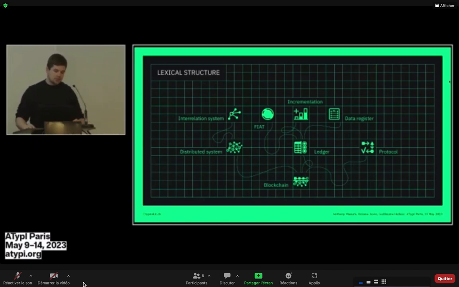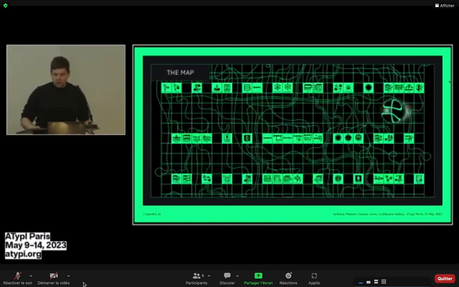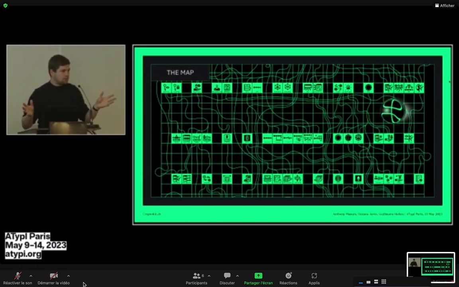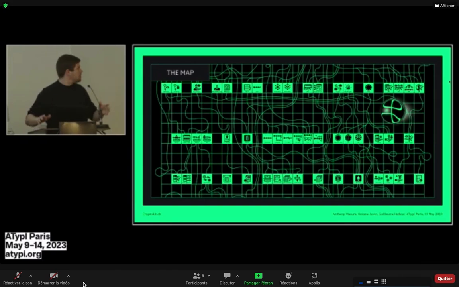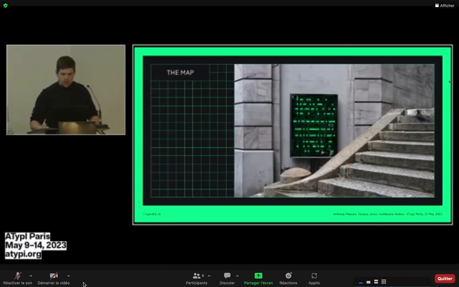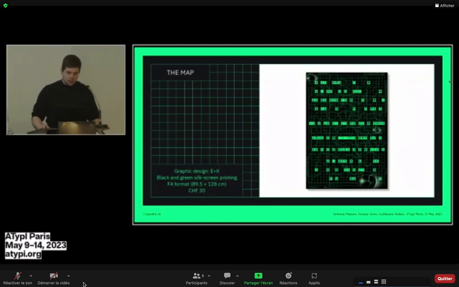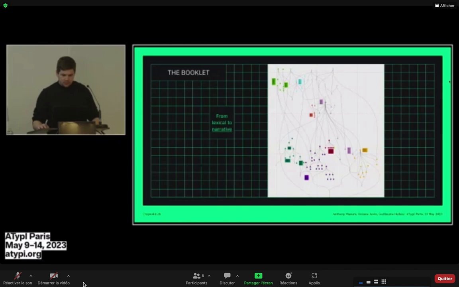And the same with distributed system, which is about interrelated systems, which is about internet, etc. So this is a method that we set up to organize all these pictograms together. We are speaking of around 200 pictograms in a very huge map that has been materialized through an F4 poster that we can see here, designed with our friends Elise Gay and Kevin Dono. And you can maybe find it online later on the HEAD website.